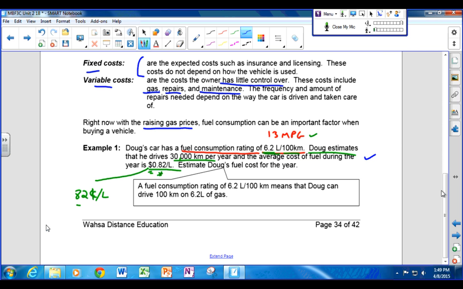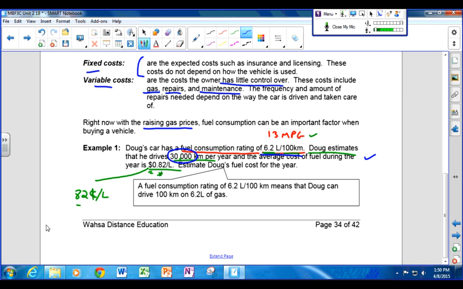Now, remember that when you're given a fuel consumption rating, it's liters per 100 kilometers, the lower the better. What you do is work out the number of liters of fuel you use.